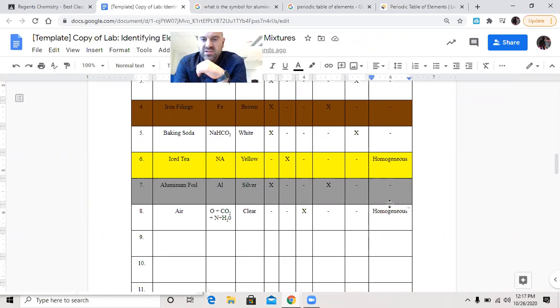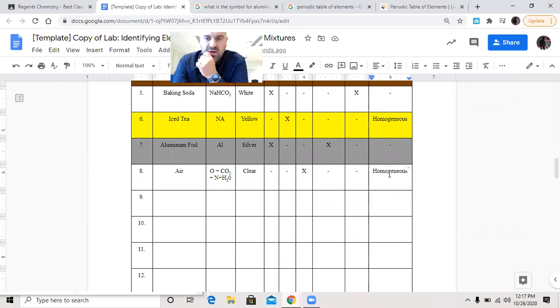I would have taken homogeneous or heterogeneous for this one for air. I'll just stick with homogeneous for now. So air is going to be a mixture. You could have said homogeneous or heterogeneous, so I'll give you credit for that one.